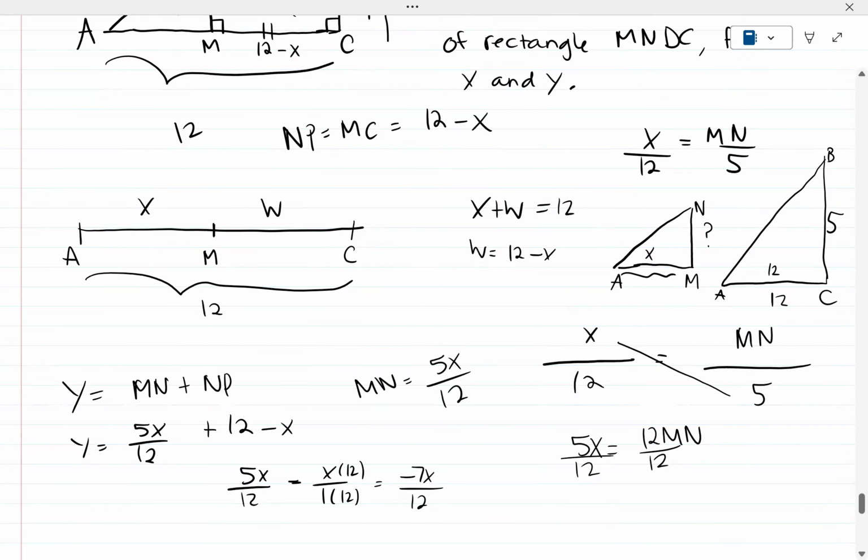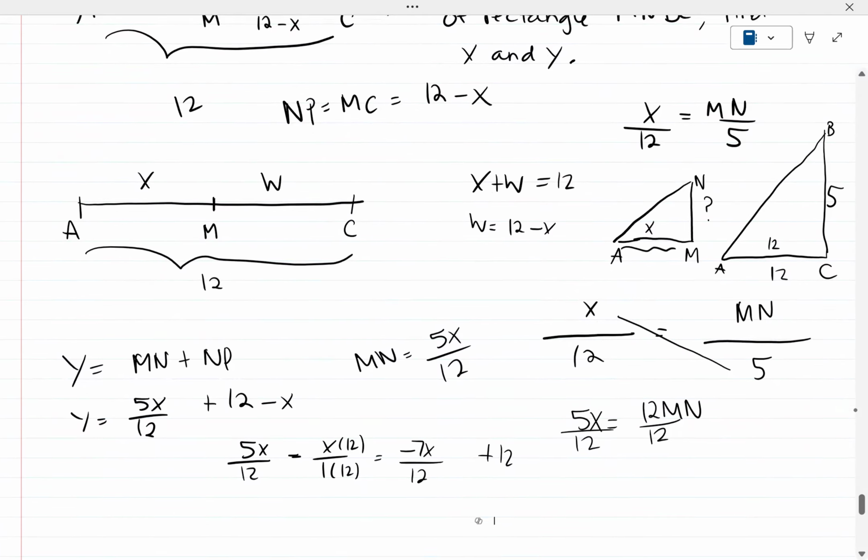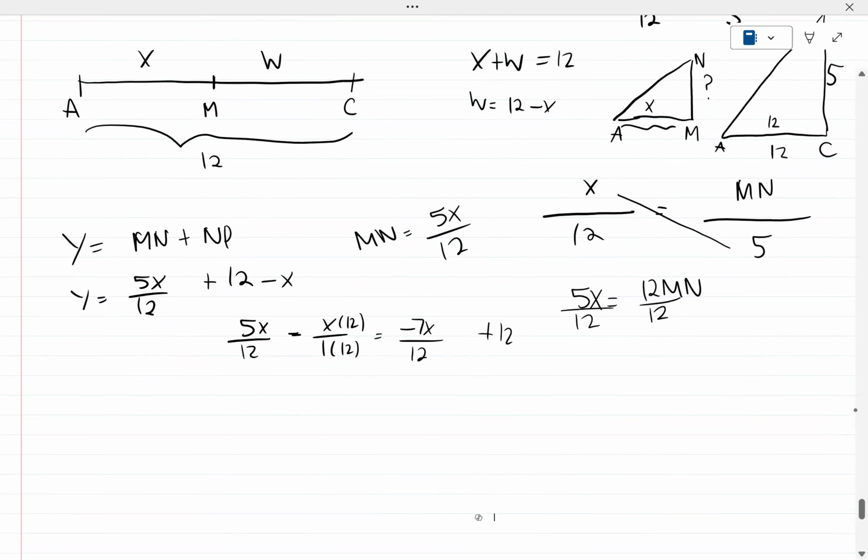And then you have the constant 12. You could leave it like this, or you could say your final answer would be y equals negative 7X over 12 plus 12.